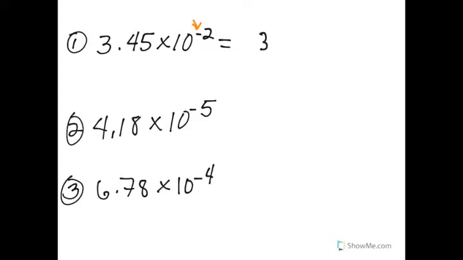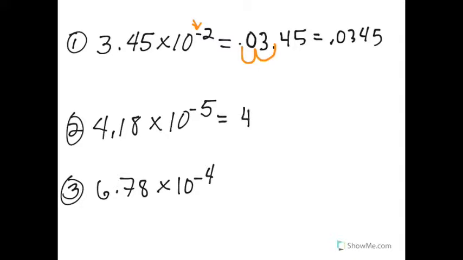So we will write 3.45, and since it's the negative 2nd power, we move the decimal point left this time because it's negative. 1, 2. You see how we have an empty cup? We fill that with a 0. So 3.45 times 10 to the negative 2nd power is 0.0345.